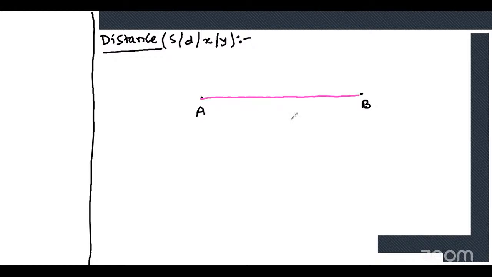The particle can move in any direction, like this, or like this.